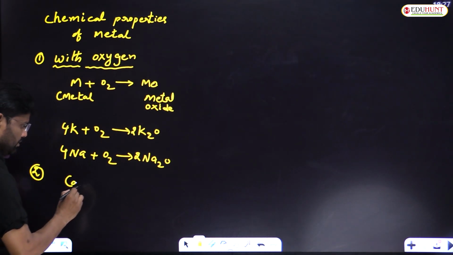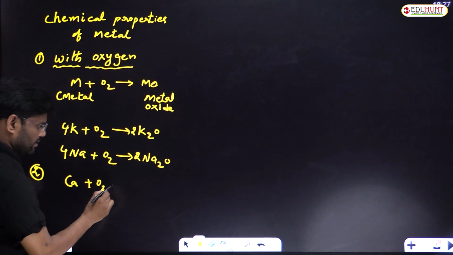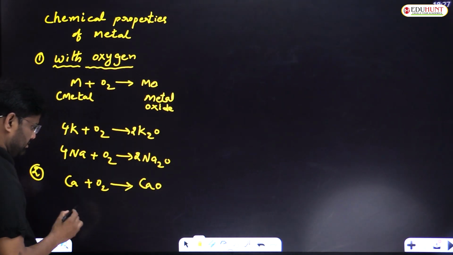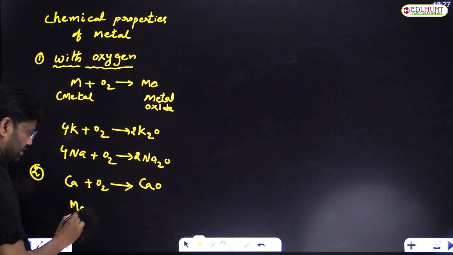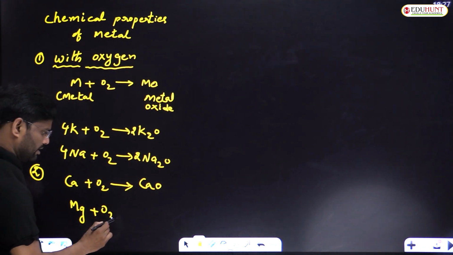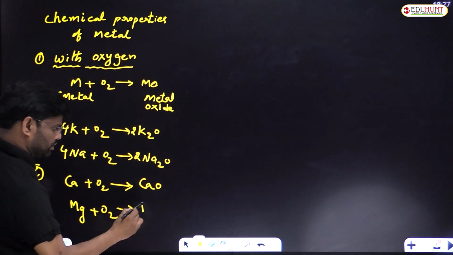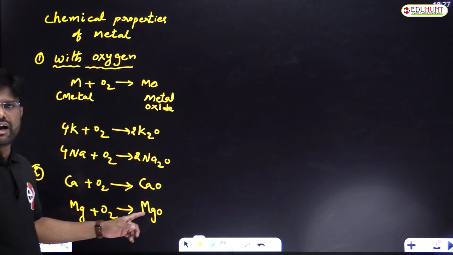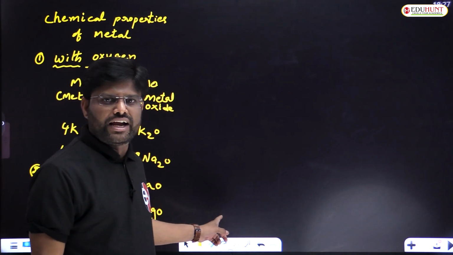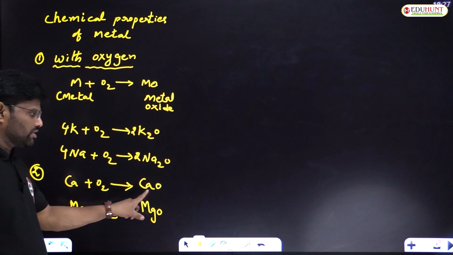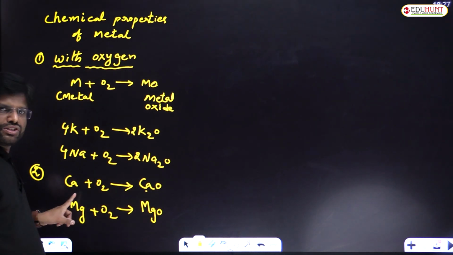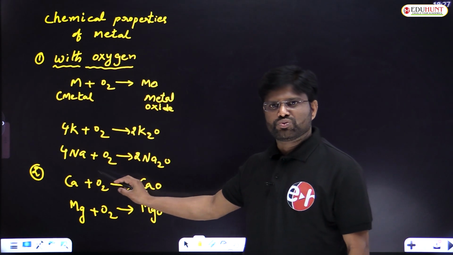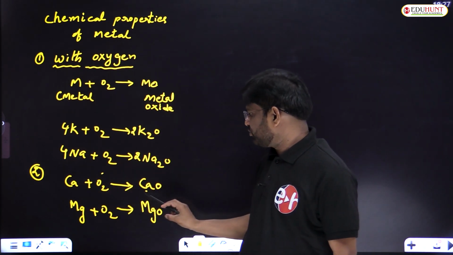calcium reacts with oxygen to form calcium oxide. Magnesium reacts with oxygen and forms magnesium oxide. To balance this reaction: calcium is 1 here, calcium is 1 here.